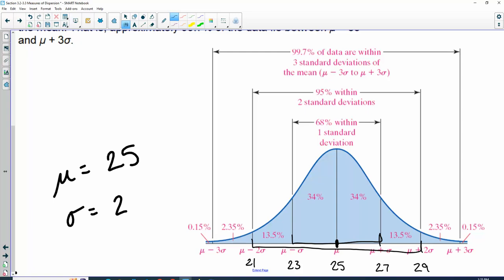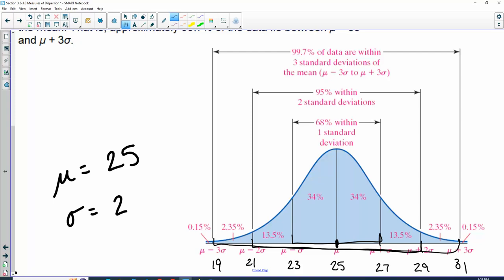So 95% of the values in my original data would fall in that window. And then 99.7% is going to be within that third standard deviation. So that would be between 31 and 19. All right, so this only applies if our data is bell-shaped.